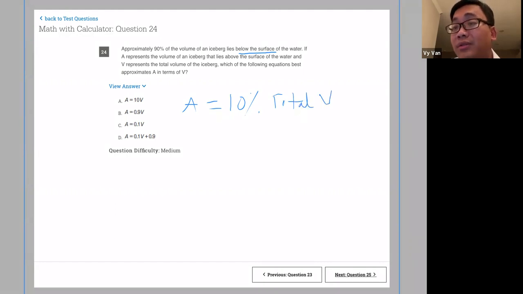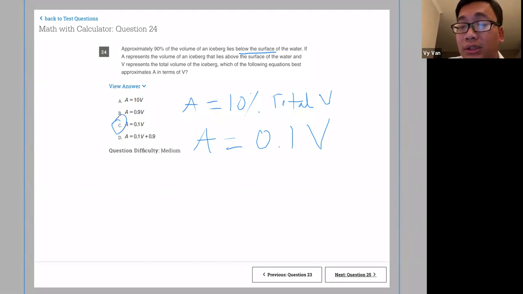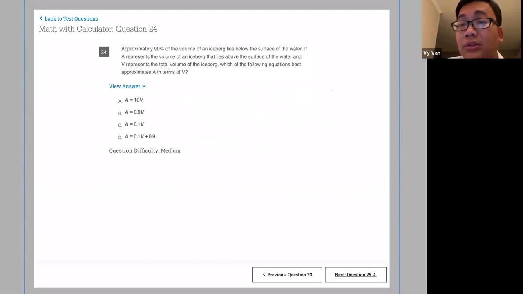V represents the total volume. So we actually already solved this equation: A equals 0.1 V. Which one says that? Let me see if the answer is C. It is C.